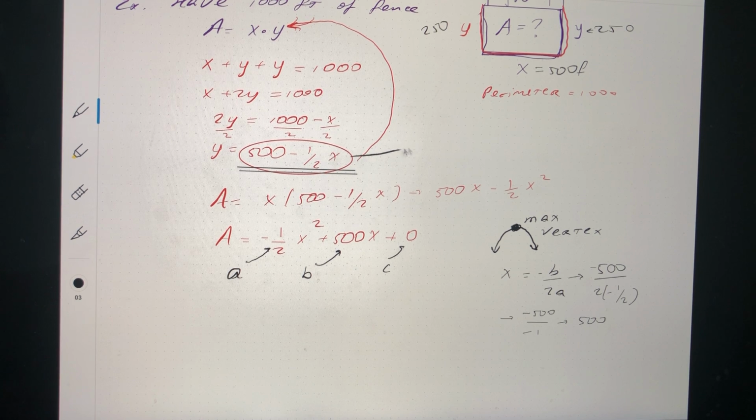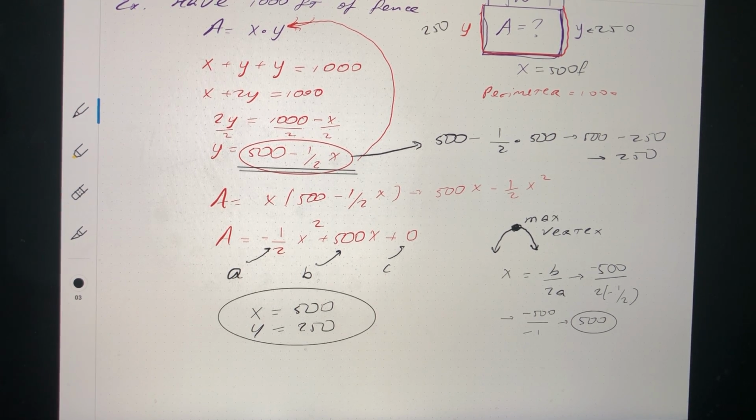So the dimensions, but we can also get it from this formula because it tells us what the y is. So let's check it here. If we take 500 minus 1/2 times what we think the answer is, which is 500, well, that's 500 minus 250, which is exactly 250. So the x is 500, y is 250.